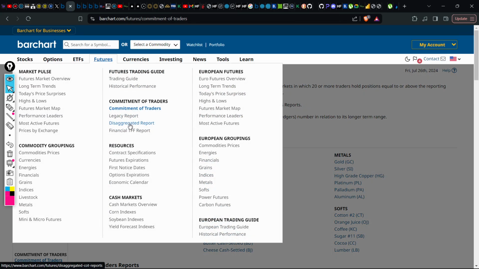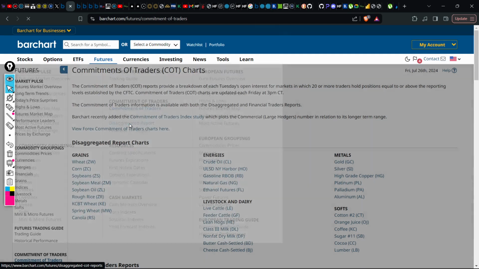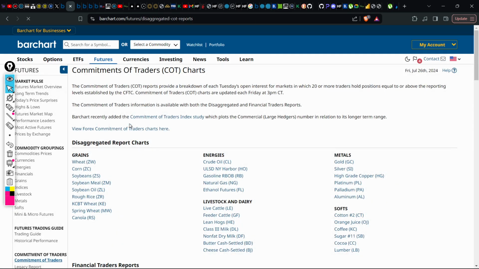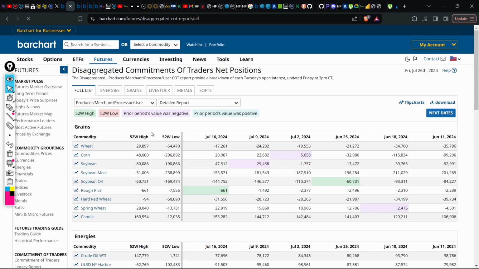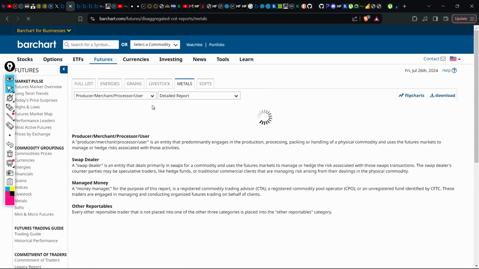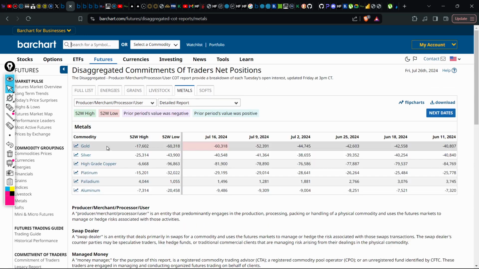You can choose whichever one you want, but since we have seen where gold is, let's go to disaggregated reports so we can see the summary. Full list, disaggregated commitment of traders net positions, full list. Energies, grain, livestock, metals. You can just go to metals and then gold. You can see the first one here.